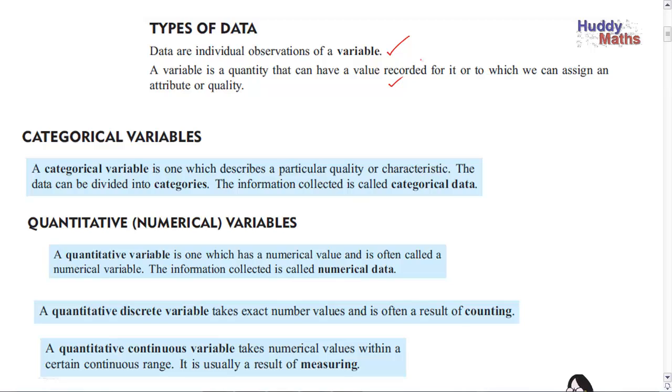Okay, so we can assign some attribute or quality to it. It doesn't have to be a set of numbers, as often people think data. It can be the number of people who have brown eyes, blue eyes, or green eyes, or something like that. Okay, so data, I want you to start thinking more broadly away from just numbers.